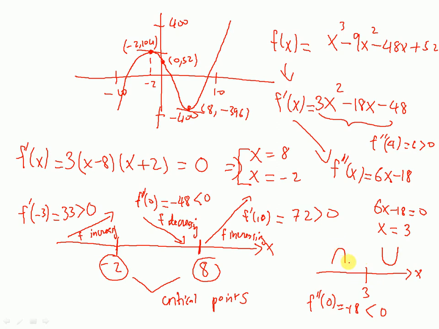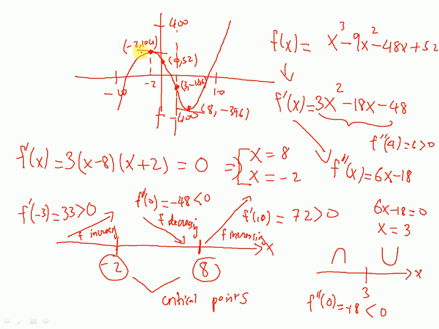Okay, so in fact, if you take a look at the function around here, the point is 3 and minus 146. From your second derivative test, on the left side of number 3 we have concave down, and in fact, yes, this is 3 right here.